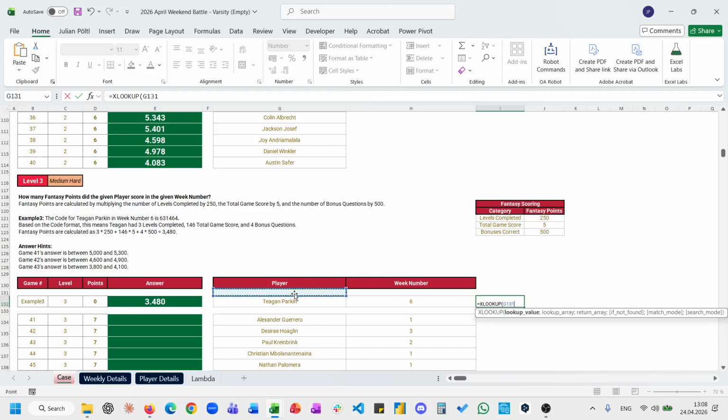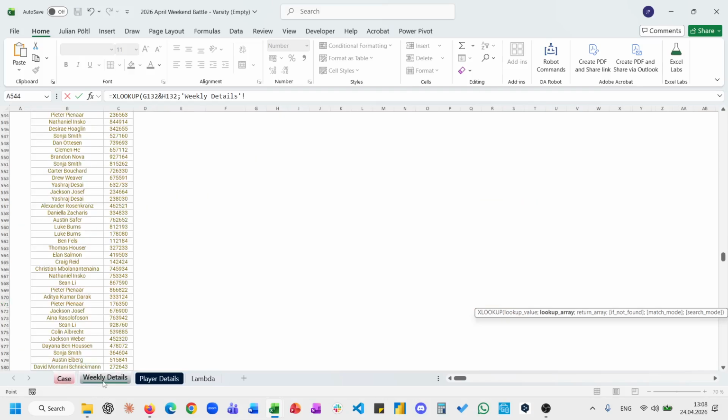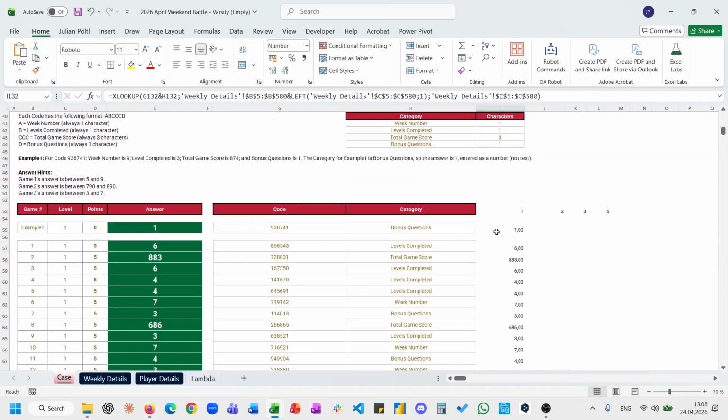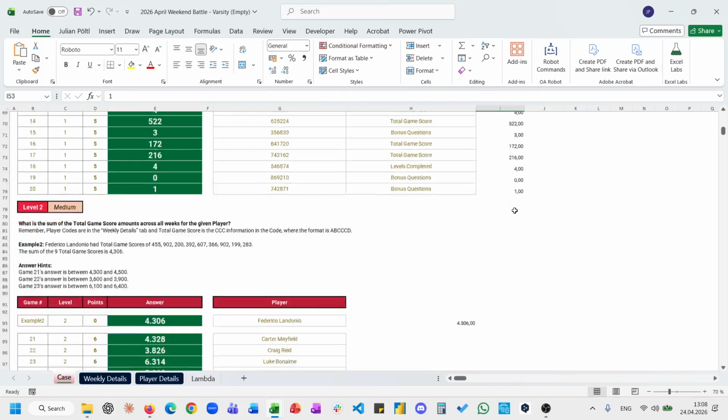XLOOKUP for player and number in player and LEFT 1, returning the code, and this code we can then split.